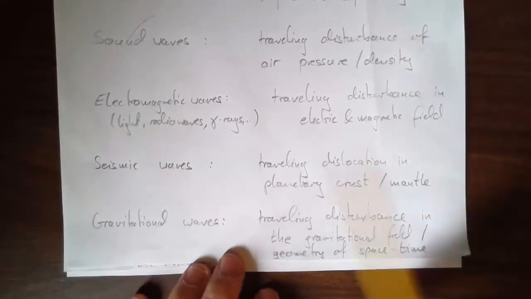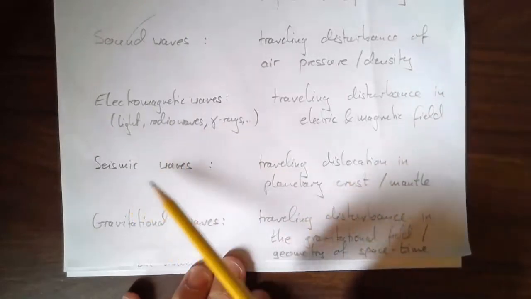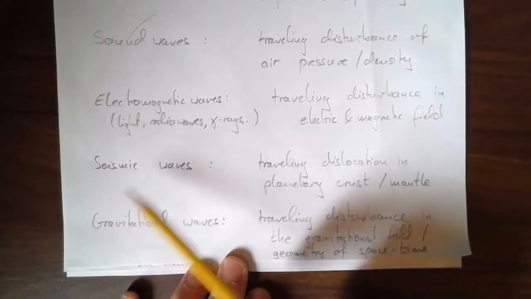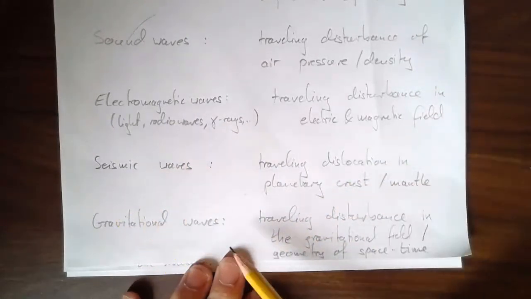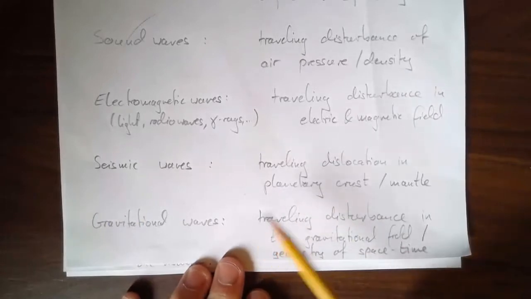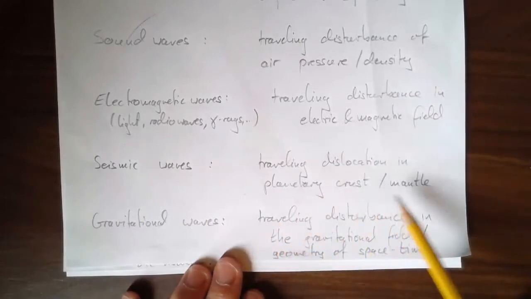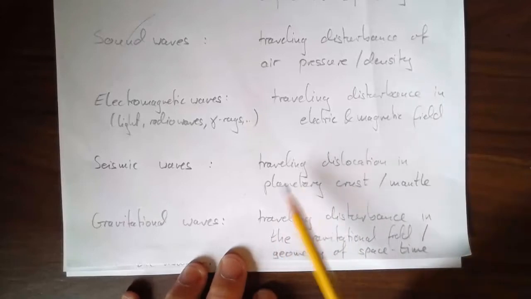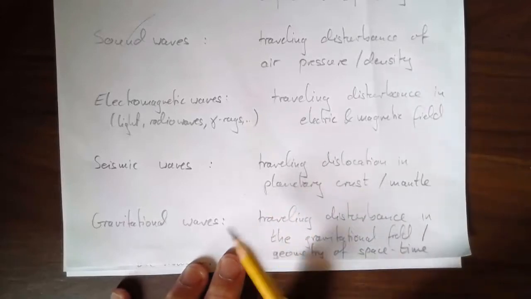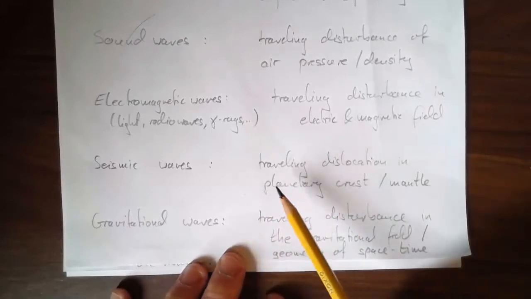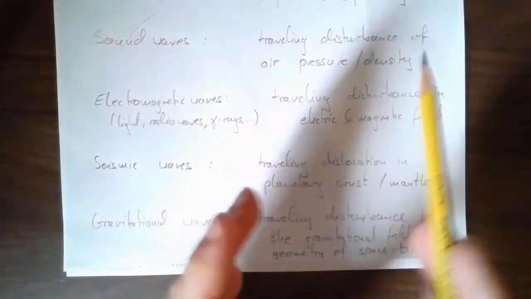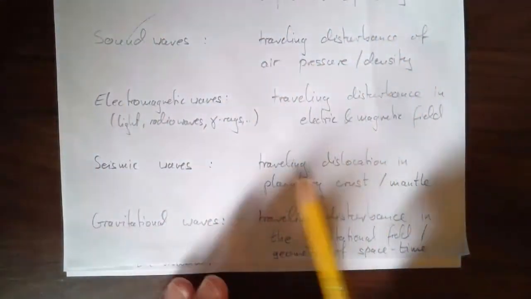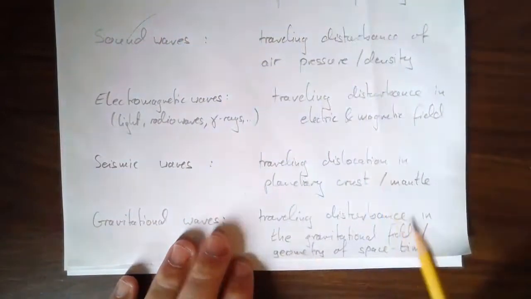Some more examples. Seismic waves, right? Like earthquakes. They are waves traveling through the Earth's crust, or to some extent the mantle as well, depending on the type of wave. So there, literally, it's a chunk of ground, essentially rock, that's moving sideways briefly, or shaking back and forth, and that shake is traveling along.